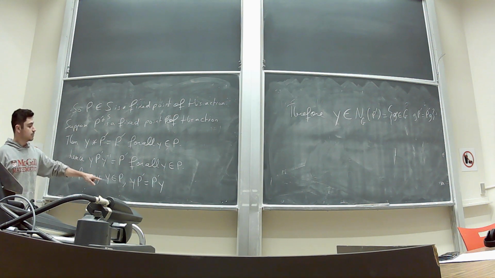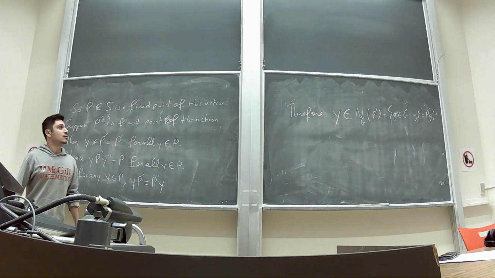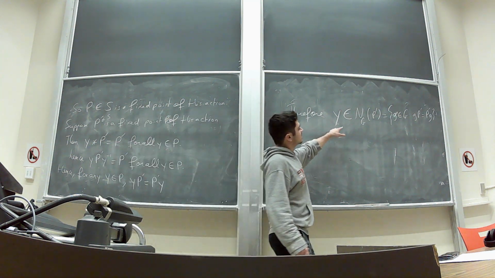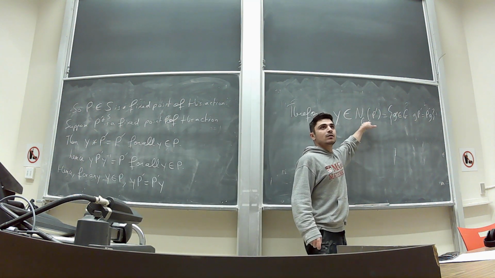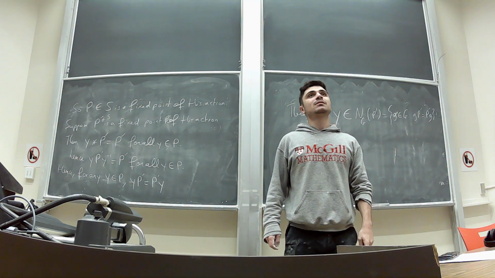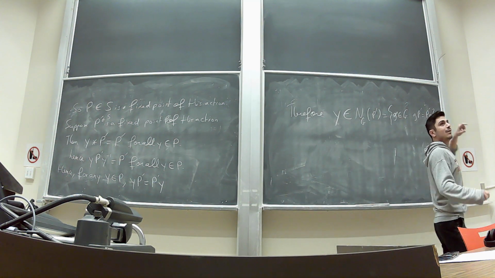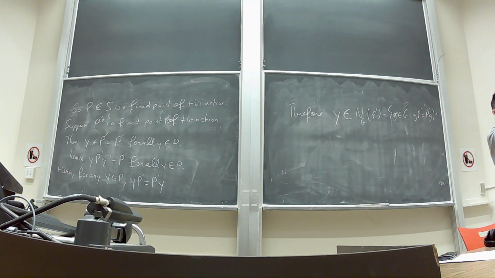Hence, for any y in P, yP' will be equal to P'y, right? So y will belong to this set we defined, the normalizer. But this is the same thing as the centralizer? No, this is as a subgroup. You need the cosets to be equal, not necessarily every point to be equal. Is that clear?